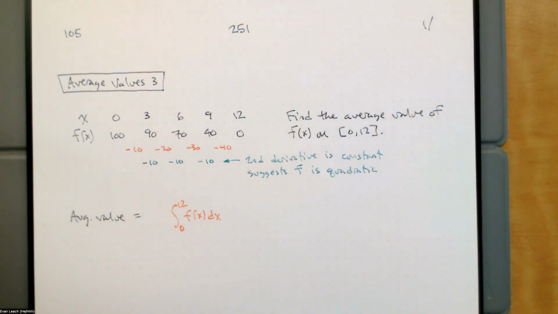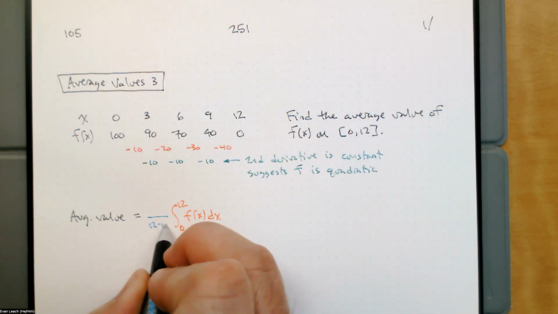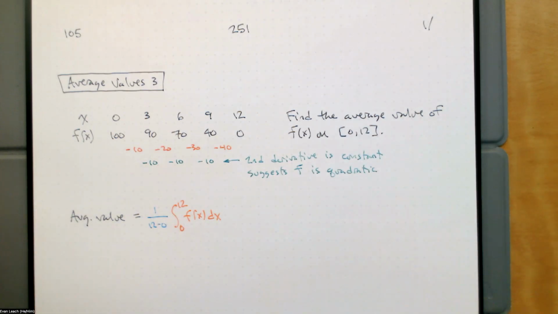And then we'll divide by the amount of space that it takes up, so divide by the length of the interval. And so we don't have to write our definite integral as the top part of a fraction, we'll write the 1 over 12 out in front.